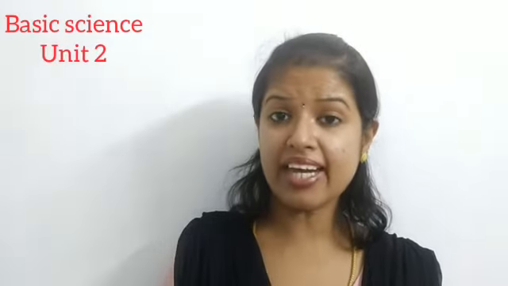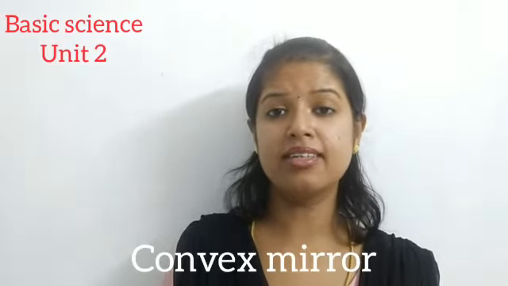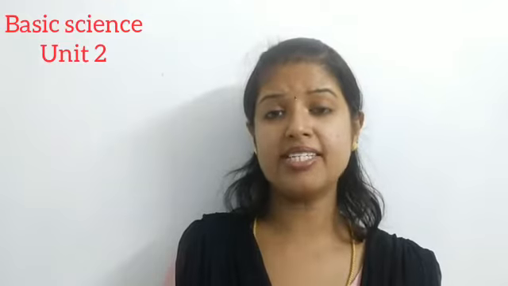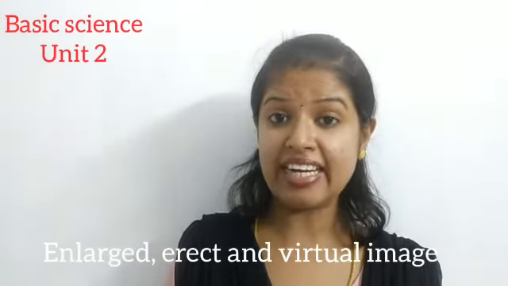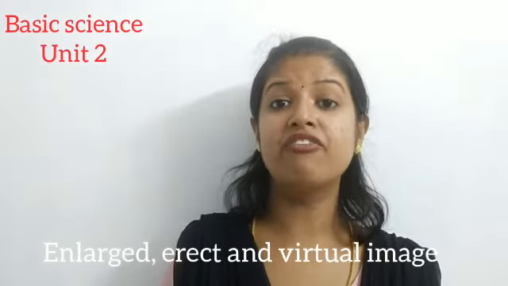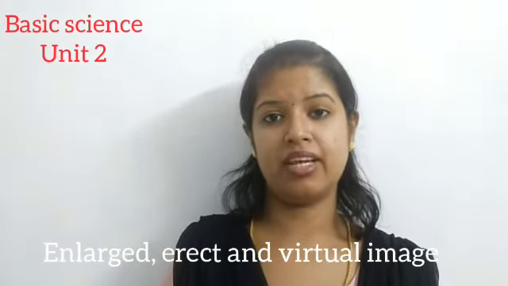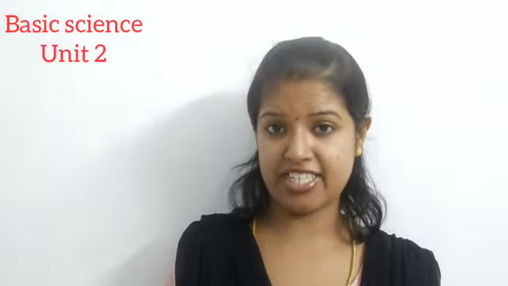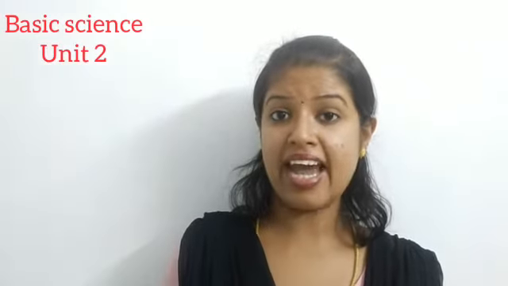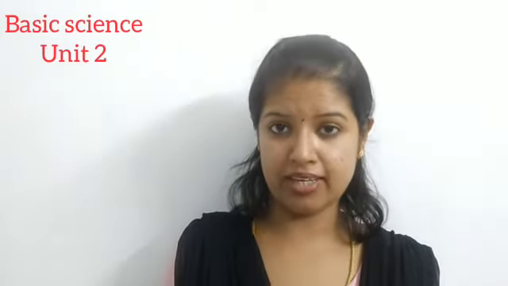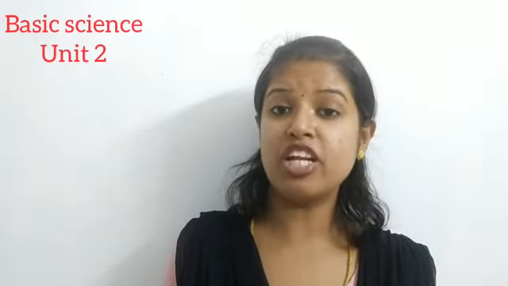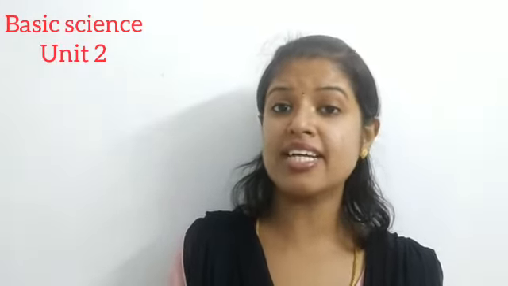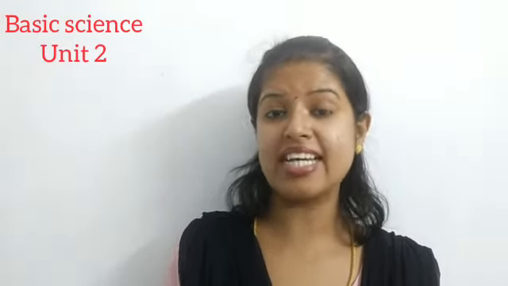But when you take a convex mirror, the image formed is enlarged, erect, and virtual. Erect means straight. Enlarged means it will be very big. And virtual image means the image will not be seen on the screen. It will not get caught on the screen.